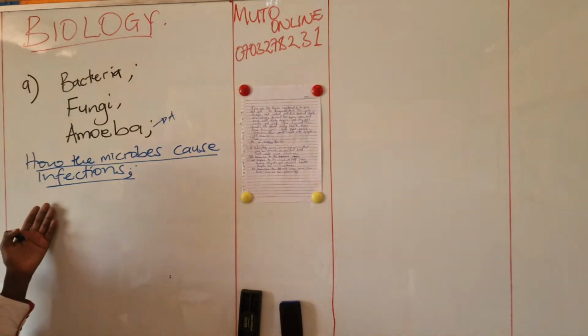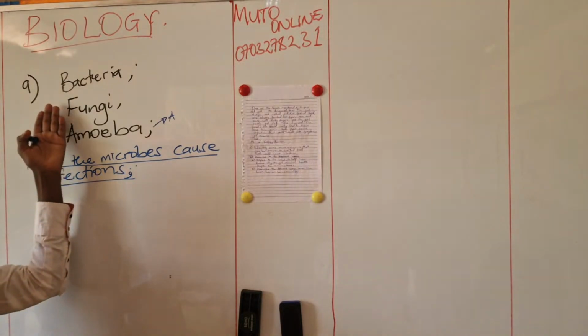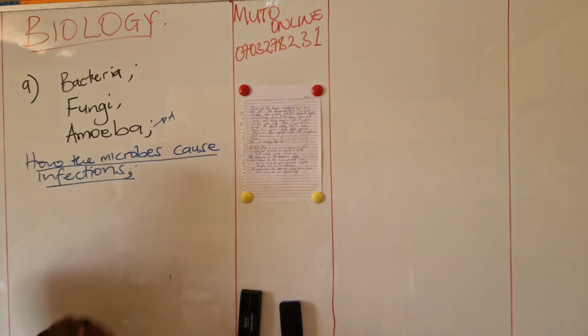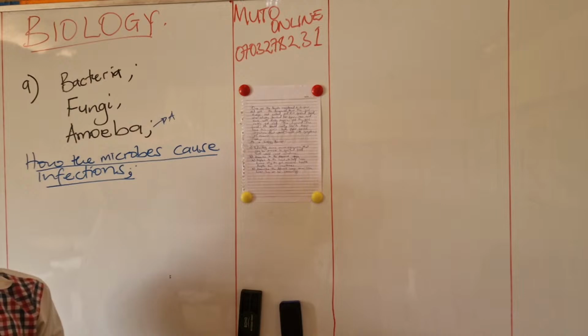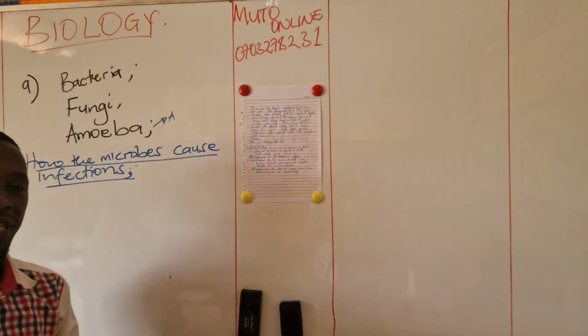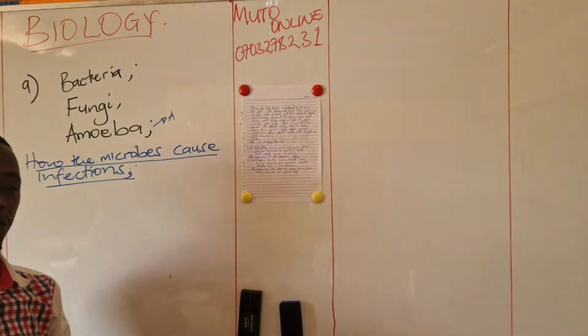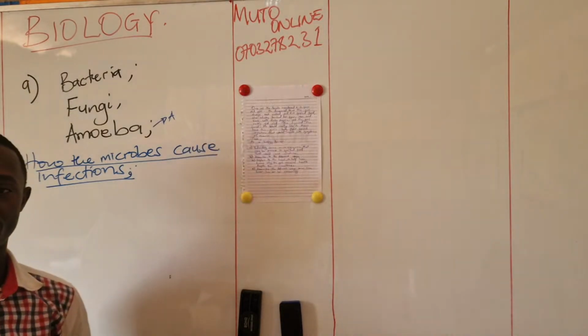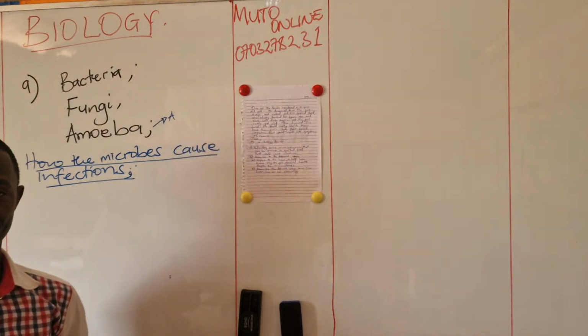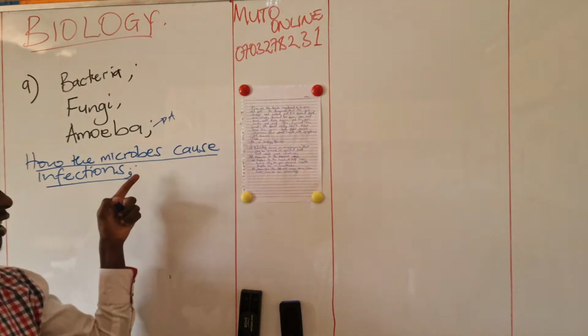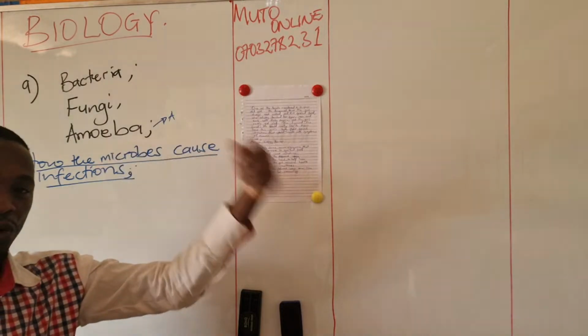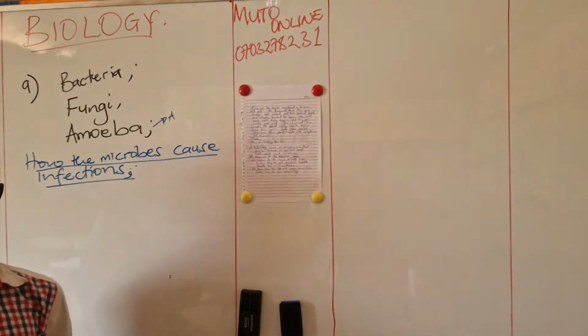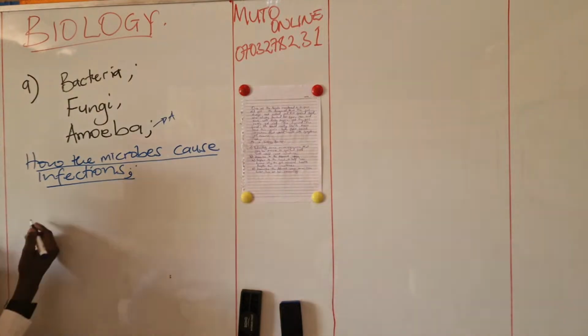Most of these excretions passed out by these microorganisms inside the body are either toxic or of a certain pH that calls for the body's reaction towards it. There are those excretions that trigger symptoms of that sickness. So it's what we are going to write about.